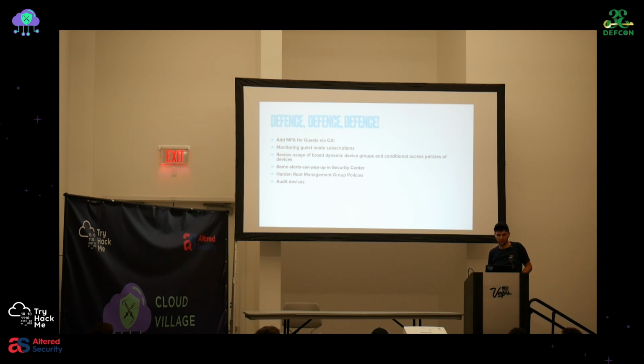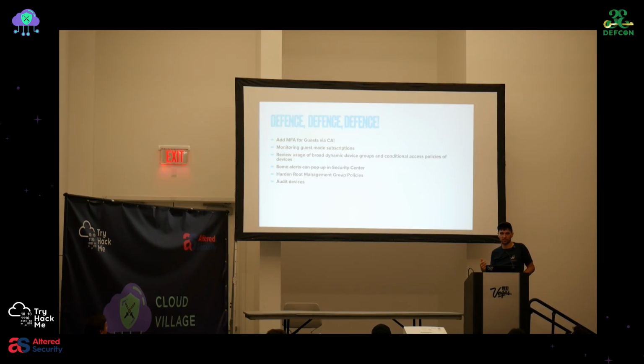In terms of other defenses, I think adding MFA for guests via conditional access policies is really important. Just generally monitoring guest-made subscriptions, that's a good idea, but obviously some of these evasion techniques get around that. You want to also take a look at some conditional access policies that are based on attributes of devices.